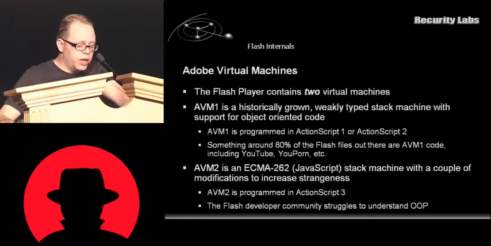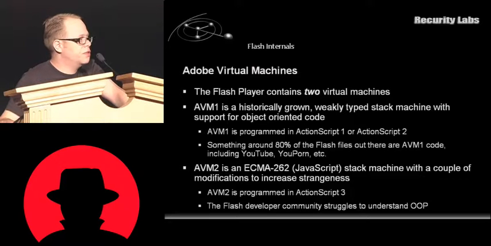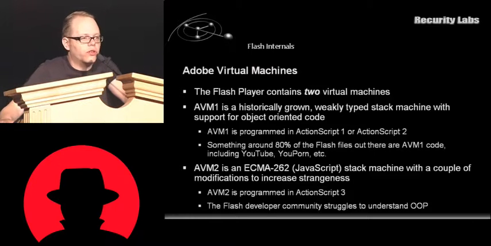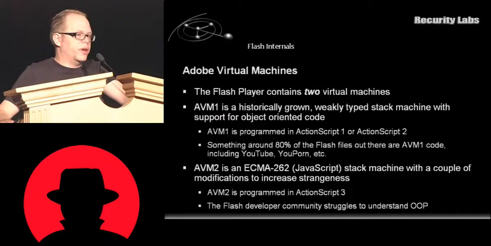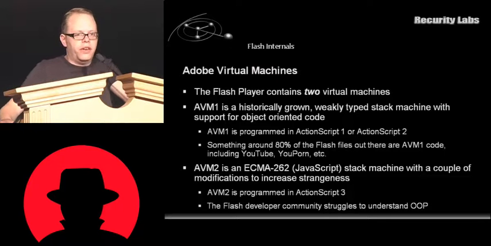AVM 2 was later introduced. It's an ECMA 262, aka JavaScript, stack machine. To my extreme horror, I discovered that the ECMA specification actually only specifies the language and not the virtual machine. So the virtual machine is again completely of Adobe's making.